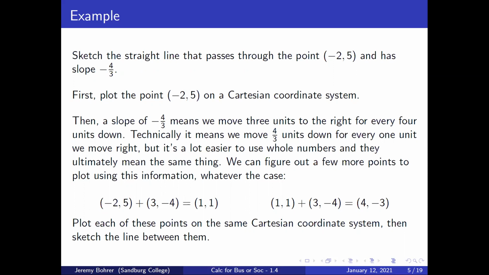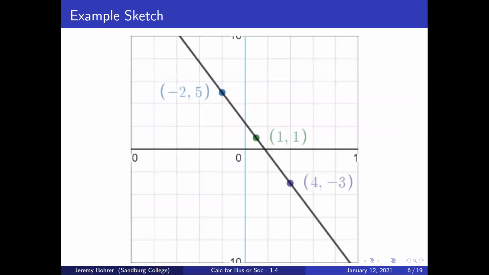We plot each of these points on the same Cartesian coordinate system, then sketch the line between them, and this is what we get. Here is that line. This is going from negative 10 to positive 10 on both the x and y axes, so this is pretty true to what the graph would look like.